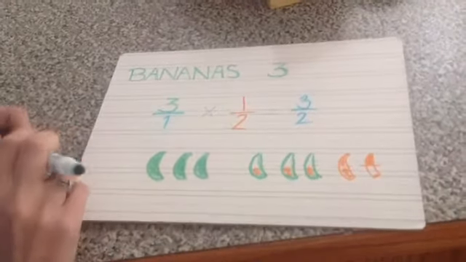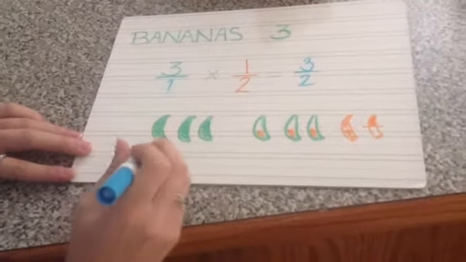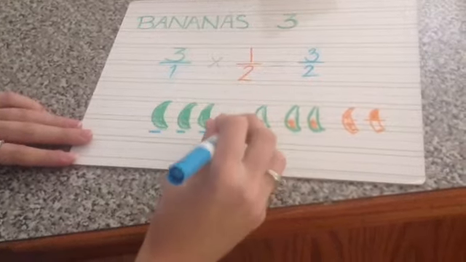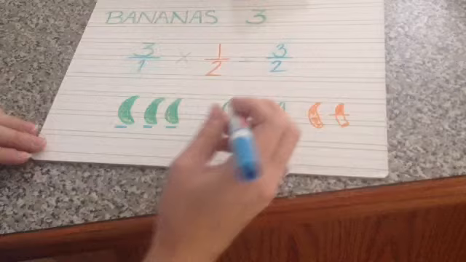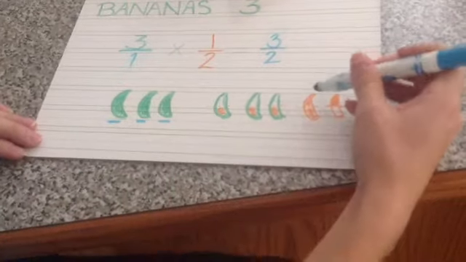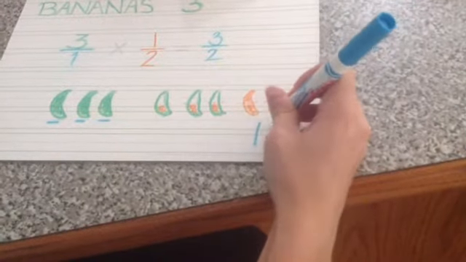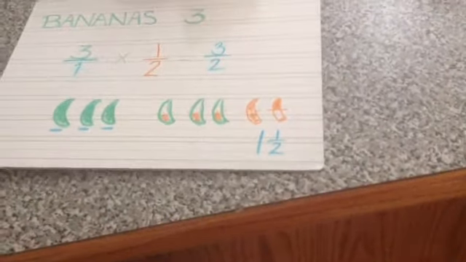So we have 3 over 2, which seems kind of confusing, but if we look at our picture, we start off with 3 bananas, and then we're dividing each banana in half. As we see shaded here, each banana is drawn in half. And if we look at how many pieces we have shaded, we have 3 shaded pieces, which make 1 and 1/2 bananas, which is the same as 3 over 2.